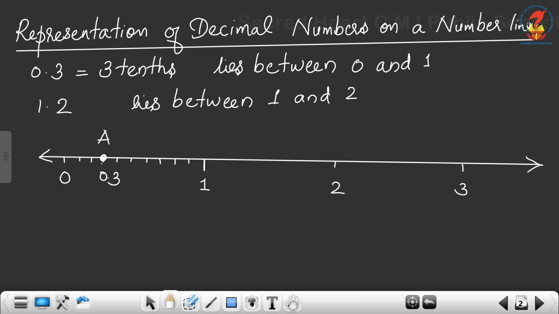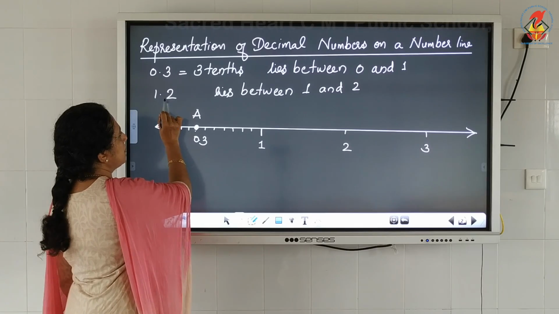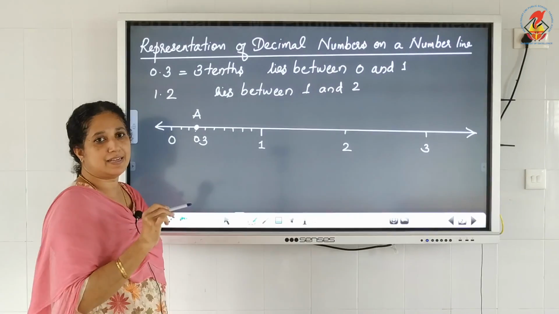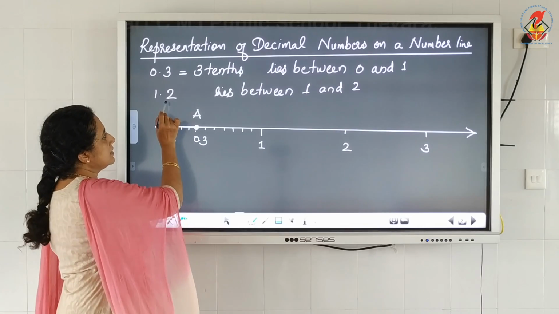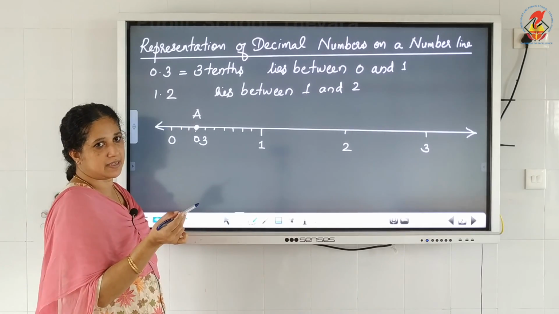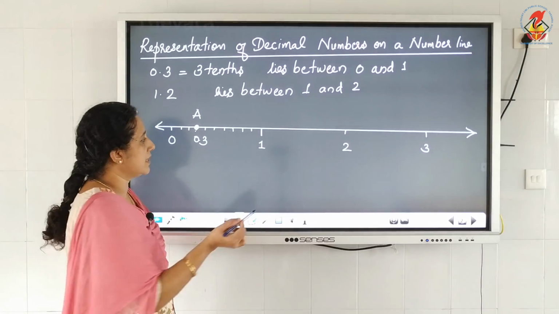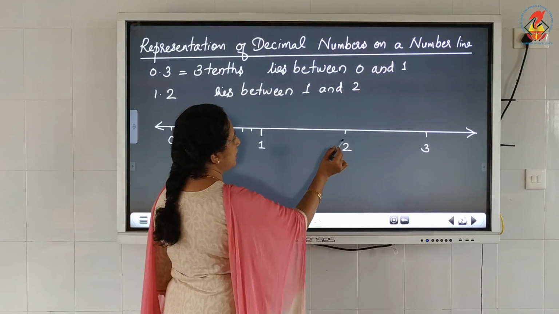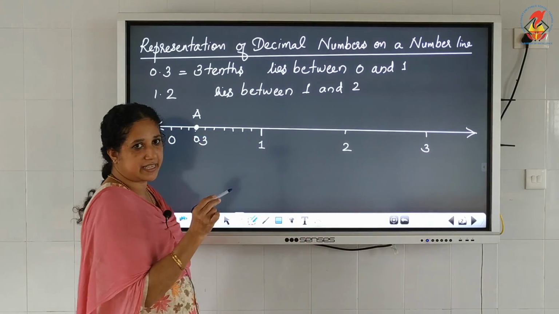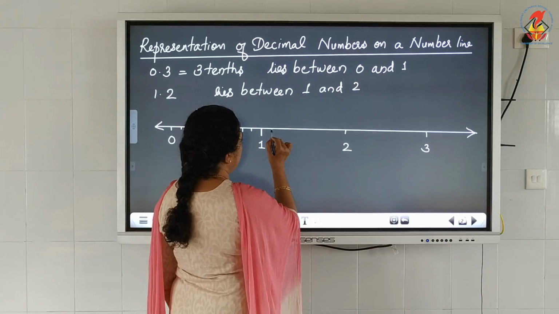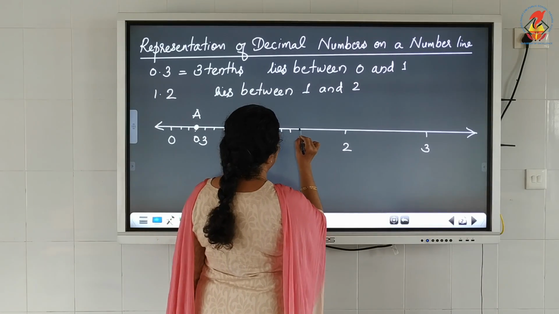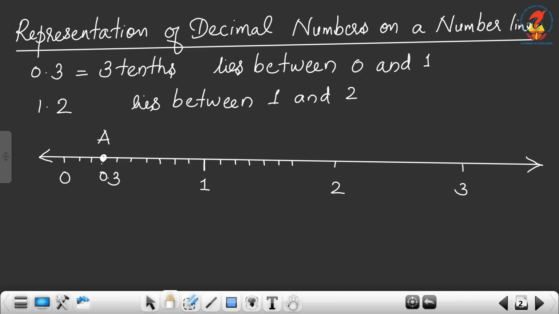So 1.2 means 1 is in the whole number part and 0.2 is in the decimal part. 0.2 in the decimal part means there are 2 tenths. So after 1 we have to consider 2 tenths also. Therefore, the distance between 1 and 2 should be divided into 10 equal parts. 1, 2, 3, 4, 5, 6, 7, 8, 9, 10 equal parts.